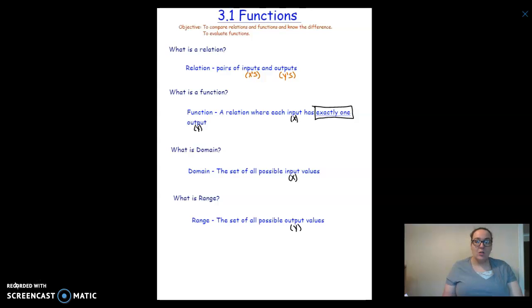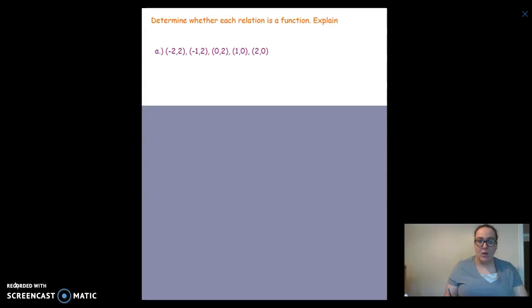So a relation is pairs of inputs and outputs, x's and y's. A function is a relation where each input has exactly one output, or each x has exactly one y. Domain is all possible x values. Range is all possible y values, or output values.